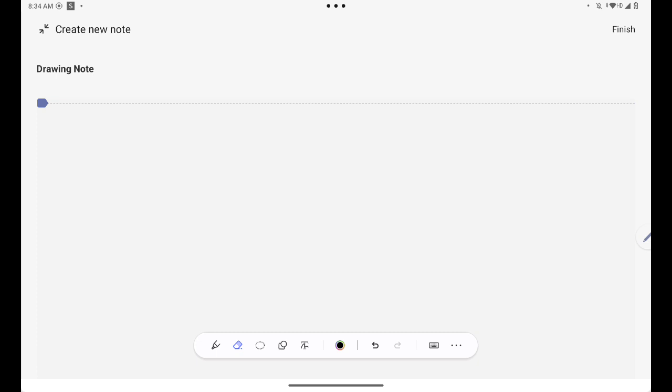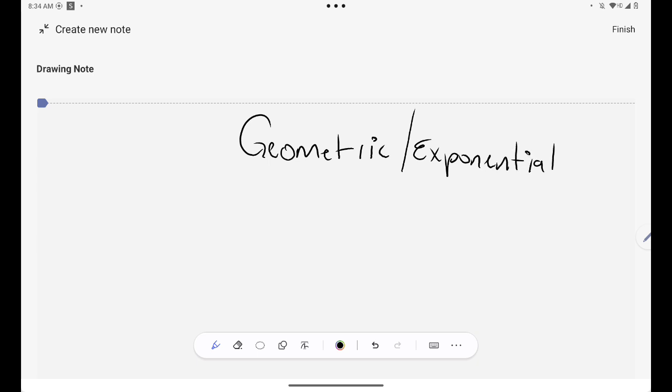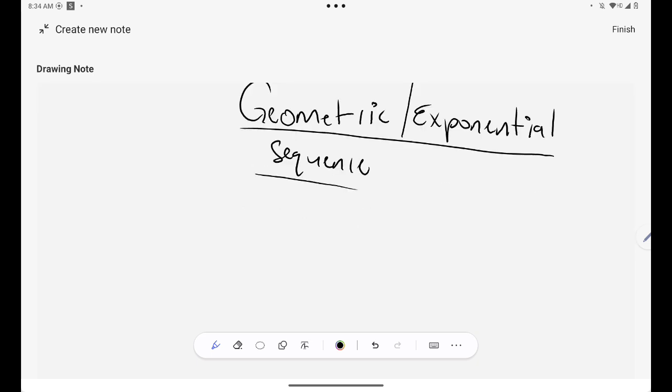Today I'm going to focus on the geometric or the exponential sequence. Are we together?